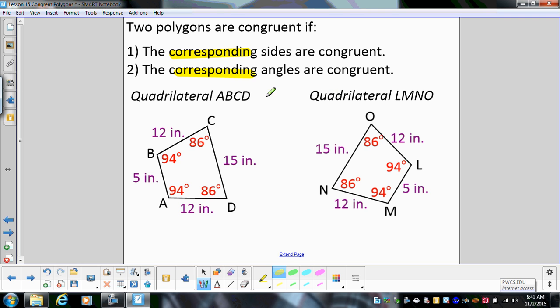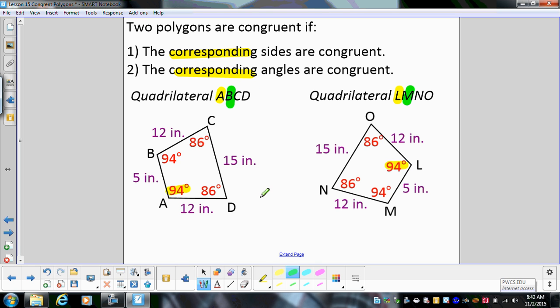In these two quadrilaterals, the first letters that appear in the names are A and L. So angle A in quadrilateral ABCD corresponds to angle L in quadrilateral LMNO. So let's find L and A, and they are the same size, so they're congruent.